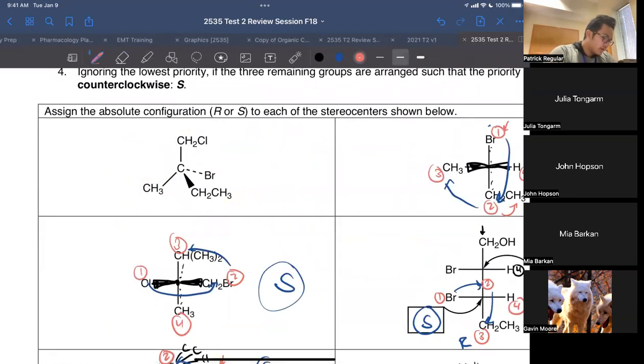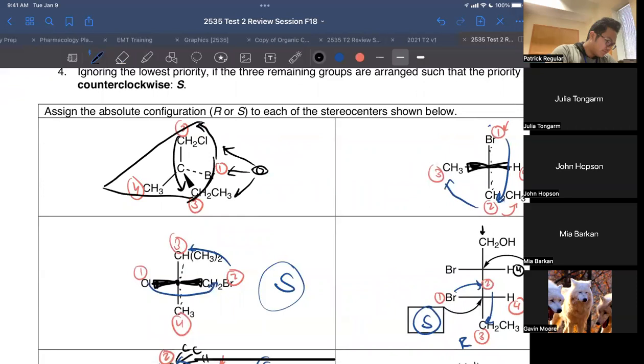So for the first one, well, we know our numbers are right. 1, 2, 3, 4. If you're looking at it from here, you're counting it normally this way, because if this was, let's say, our conical view, if we were to redraw it, CH3 would be back there, Br would be here, CH2CH3, CH2Cl.